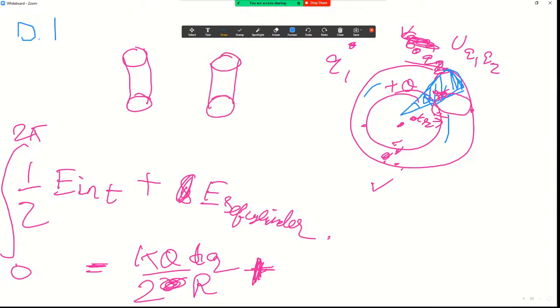That would be tricky. We have charge, let's say Q, and we have a cylinder. Okay, we can use Q square by 2C, and C of a cylindrical capacitor. No, that won't work. How can we find the self energy of the cylinder? Let me think.